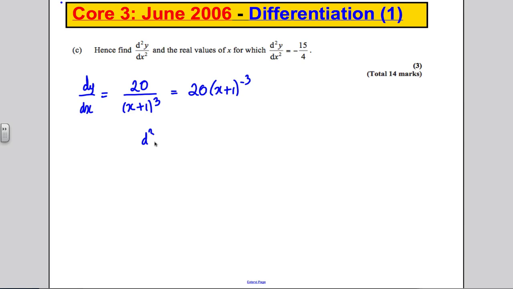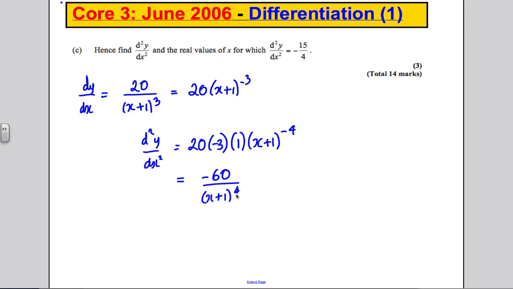If we want to differentiate this one more time, we can use the chain rule, bring down the negative 3, multiply by the differential of the brackets, which is 1, and reduce the power of the expression in the brackets by an extra 1. And so this would give us negative 60 over x plus 1 to the power of 4. So that is our d2y over dx squared, and we have found it.